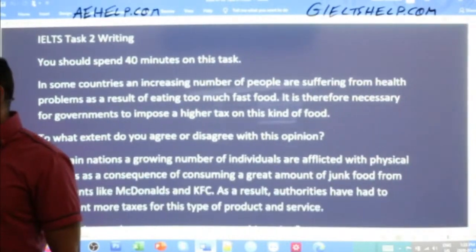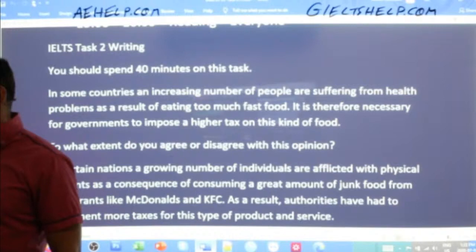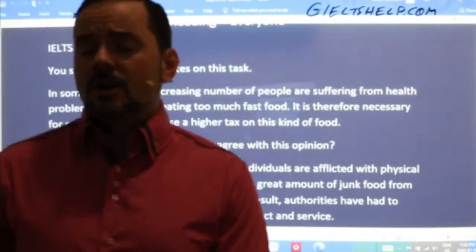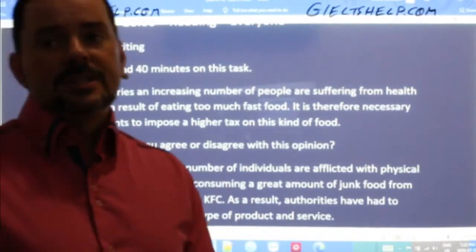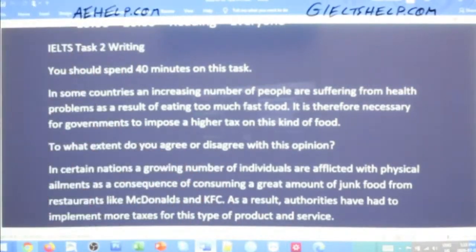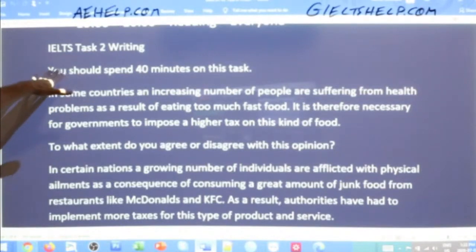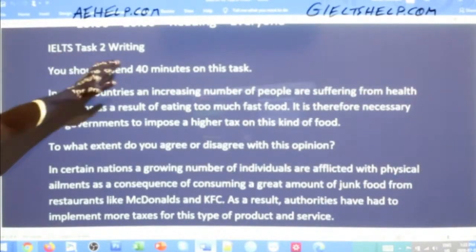Okay, here is the task 2 question that we started on yesterday. This was a question that appeared at a previous IELTS exam, so it's taken out of an official test in the past. Here's the question. Let's just read it again, make sure we're all on the same page. IELTS task 2 writing.